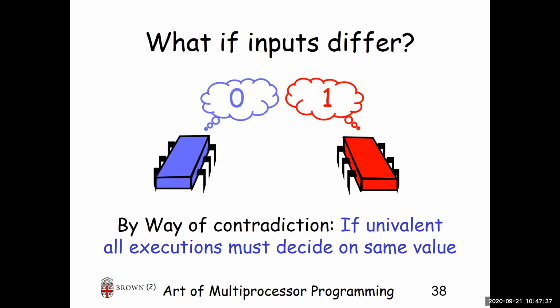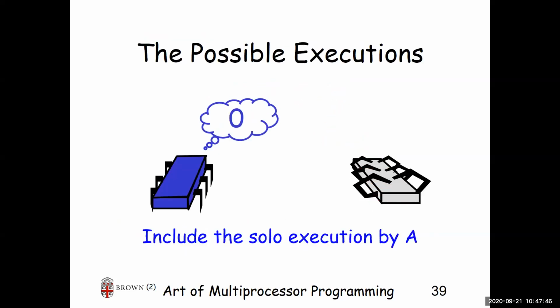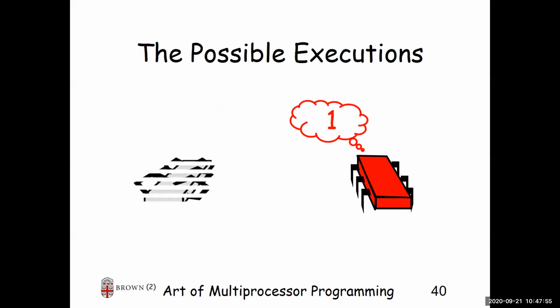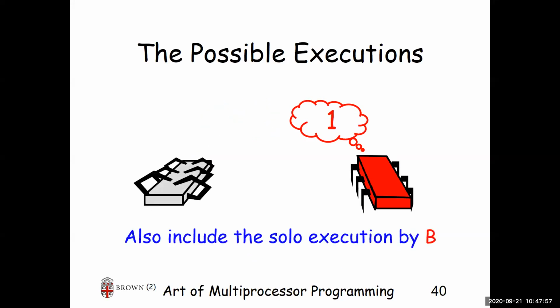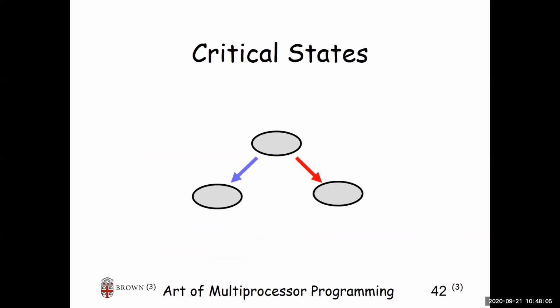If they're the same, that's easy. But what if they differ? Okay, so a possible execution includes a solo execution by A that decides 0, and a solo execution by B that decides 1.